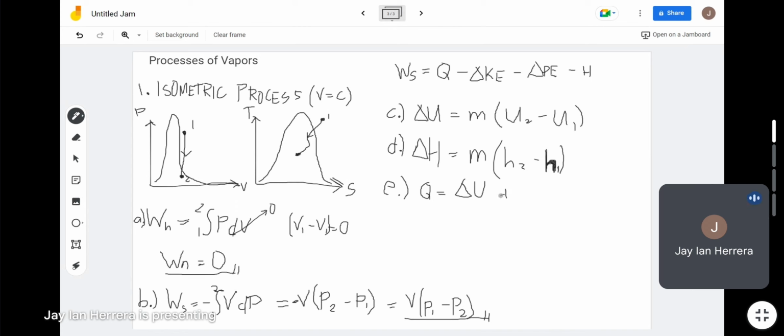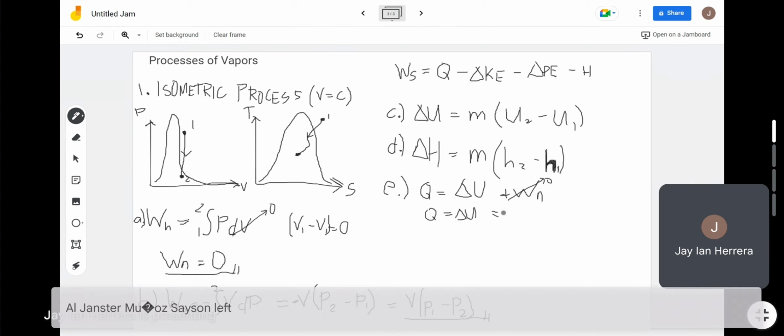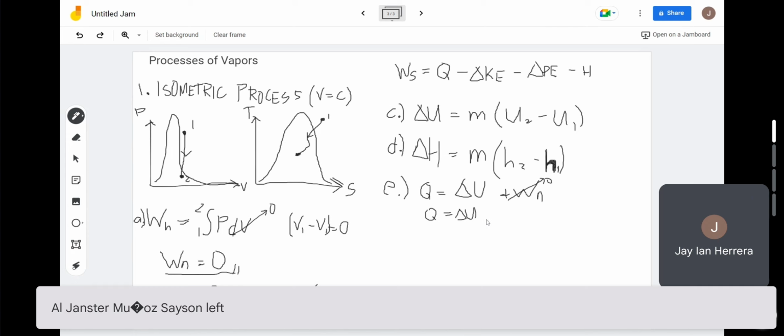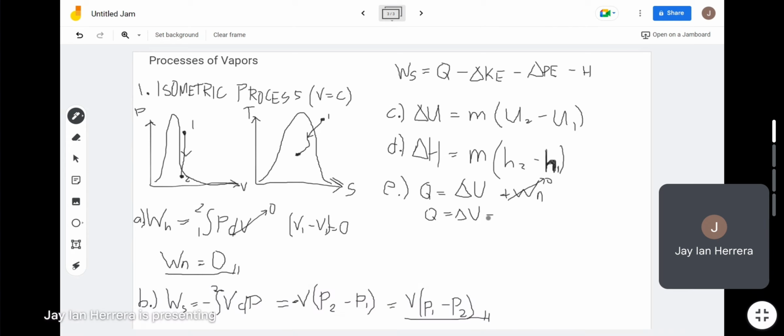Heat is still delta U plus flow work, but since the flow work is zero, it cancels out. So heat is delta H, or m multiplied by (u2 minus u1).